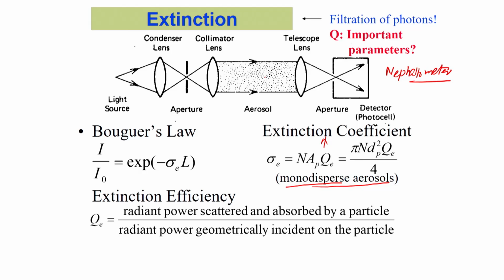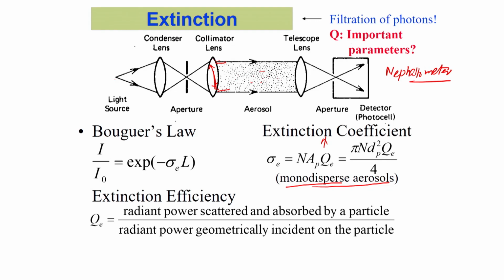So you have particles here, and you have a light source. The light source will be condensed onto the lens, and the lens will collect all the light, which is divided in such a way that it passes through this aperture of the aerosol column, and when it passes through, the aerosols can be calculated, how many aerosols are there.